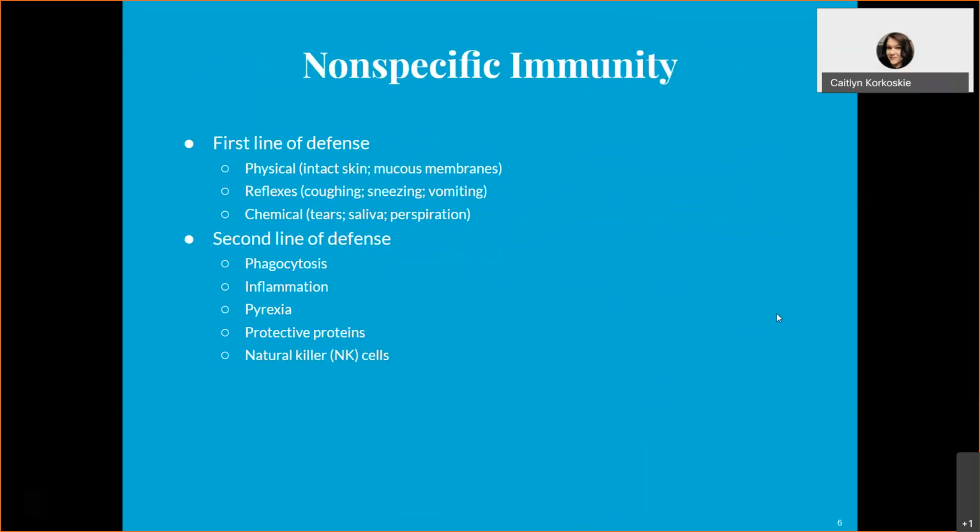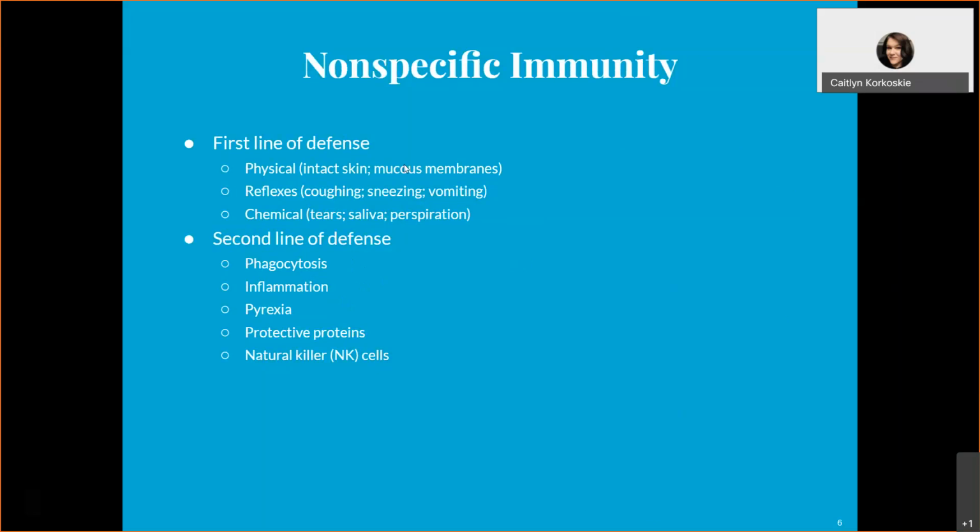The first line of defense is physical, like intact skin, reflexes, coughing, sneezing, chemicals in your saliva, and then the second line of defense would be inflammation, pyrexia, protective proteins, things like that.